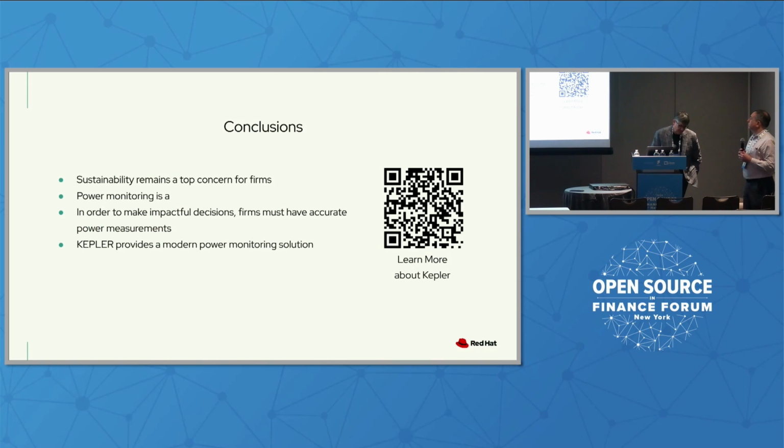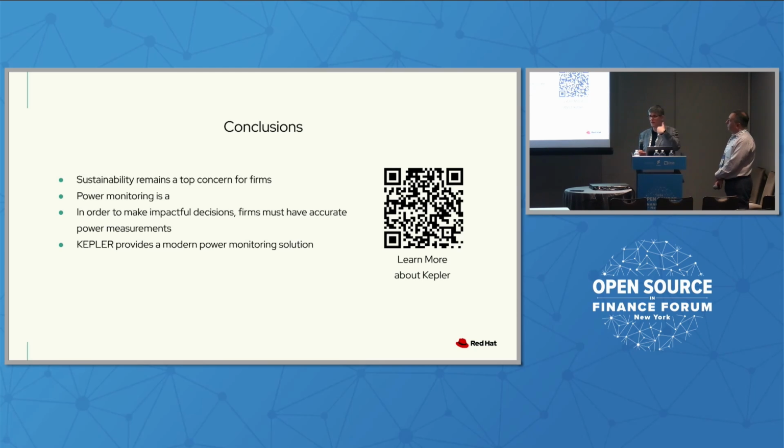So in summary, trying to draw it to an end, we see sustainability becoming a top concern for firms. It always starts with the more power-intensive firms. They're thinking first about power consumption. As I said, if you're an oil and gas company, you will think about power very, very directly.